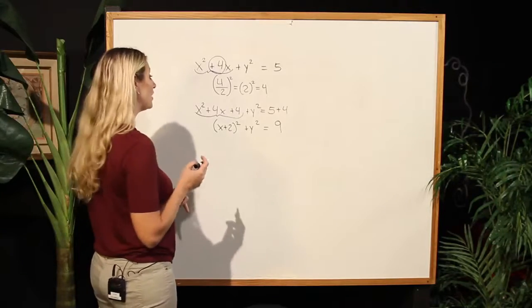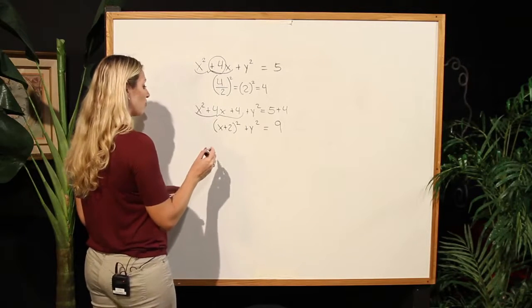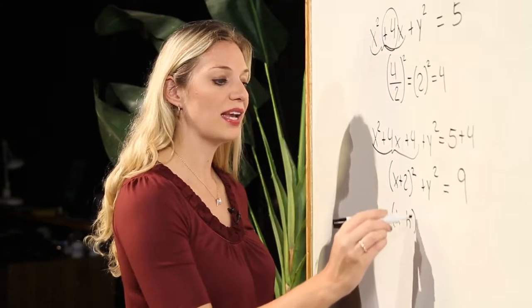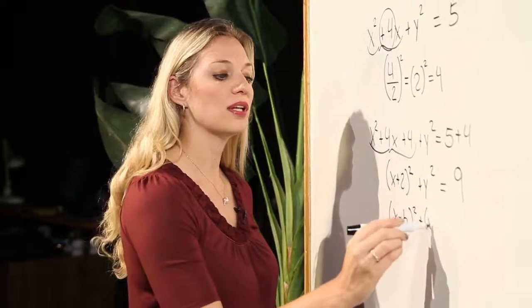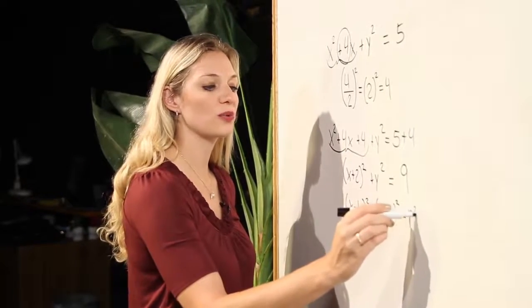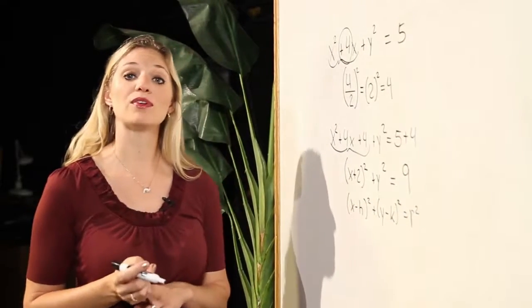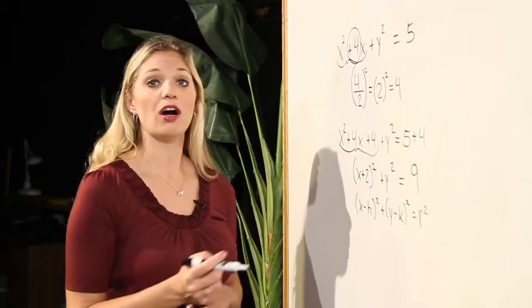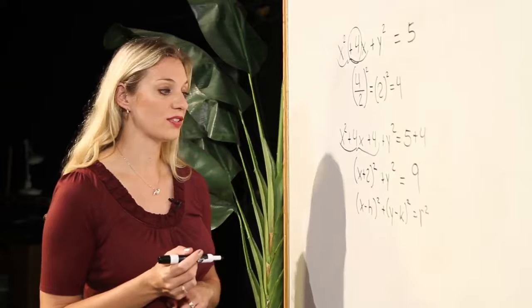Now, I do have an equation of a circle in standard form. Recall that the circle formula is x minus h squared plus y minus k squared equals r squared, where h and k represent the x and y coordinates of the center of the circle, and r is the circle's radius.